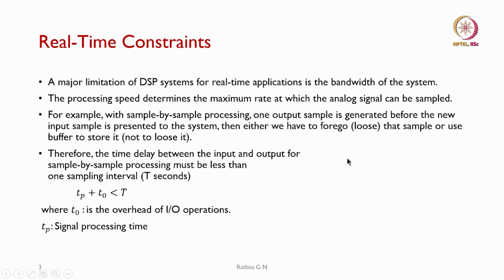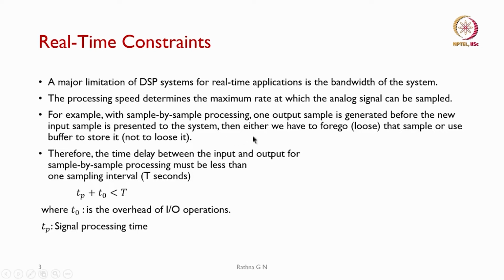As an example, with sample by sample processing, if we use the interrupt driven service, one output sample is generated before the new input sample is presented to the system. Then either we have to forego, that is lose that sample if we are unable to compute our algorithm within that time, or use a buffer to store it.